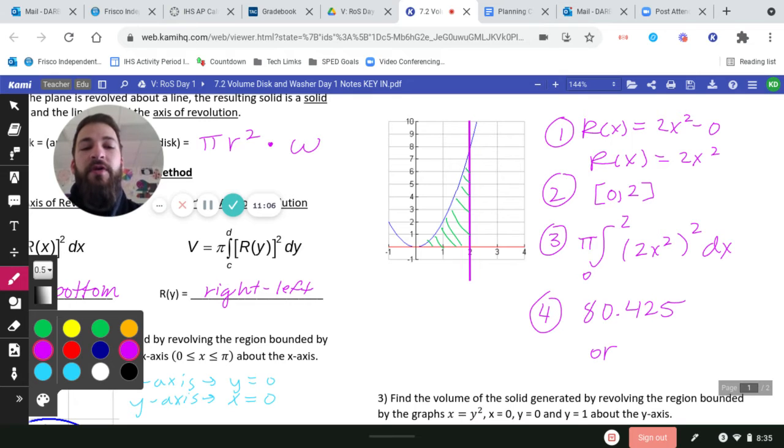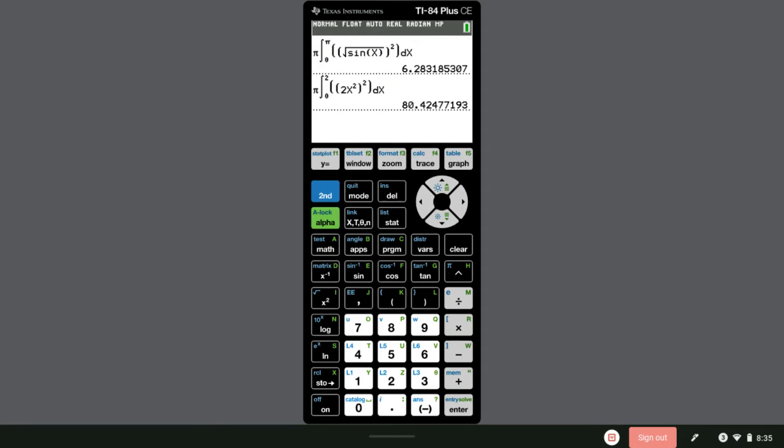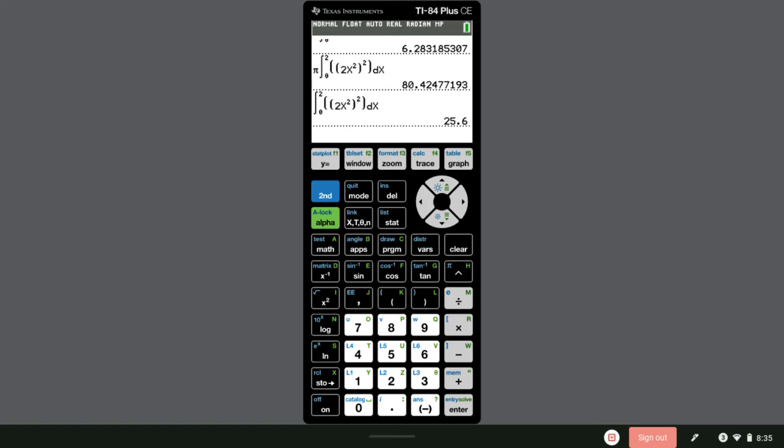And of course, once again, this is one that we could definitely integrate by ourselves. So if we take out the pi, let's see if we get a nice pretty number. That's a pretty good one.